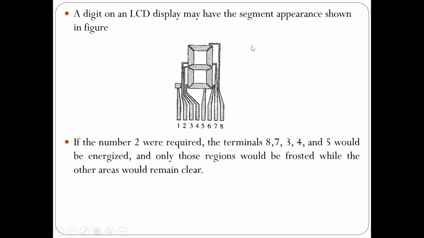So this is the LCD display with the seven segment appearance shown in the figure. For the number 2, the terminals 8, 7, 3, 4, and 5 would be energized, and only those regions would be frosted while the other areas would remain clear.